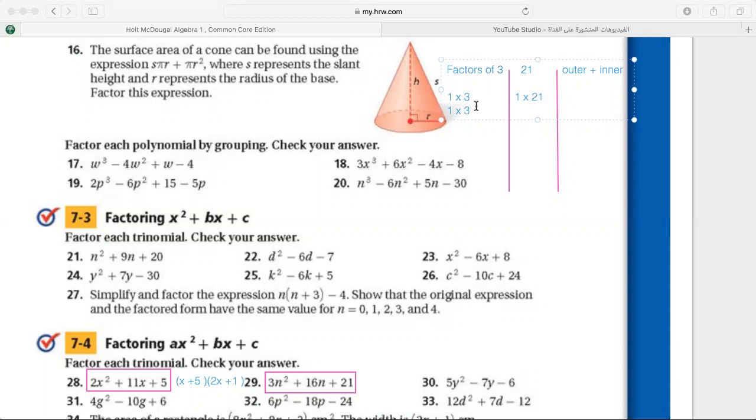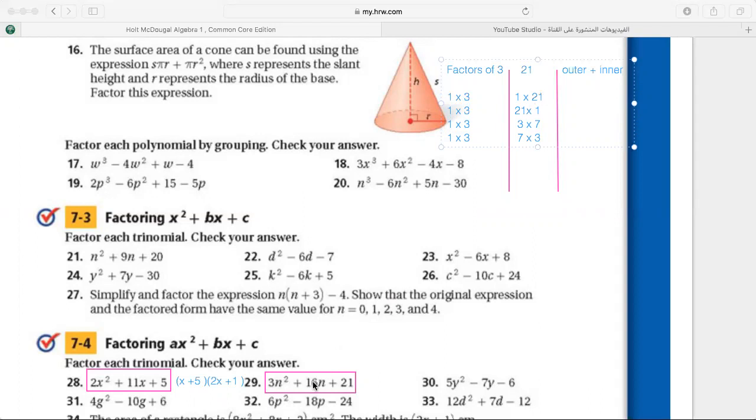Yes. 21 times 1. Yes. 7 times 3. 1 times 3. I have what else? 7 times 3. Okay, let me start by 3 times 7 first. Then 7 times 3.